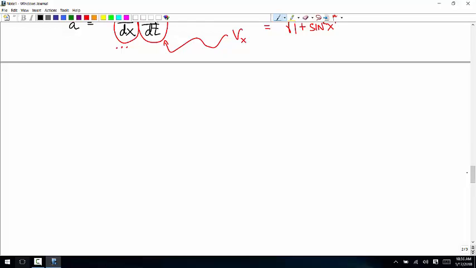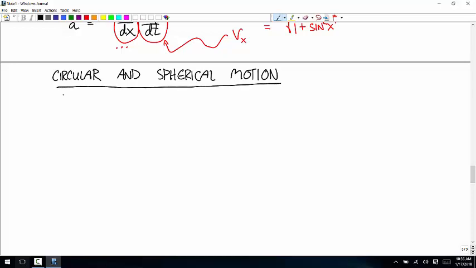Okay, so let's talk about circular and spherical motion. So what this means is an object moving, I don't want any scribbles here either, at a fixed distance from some point.